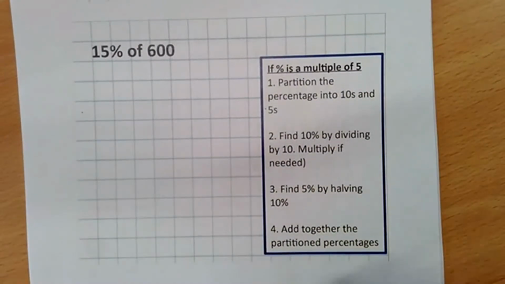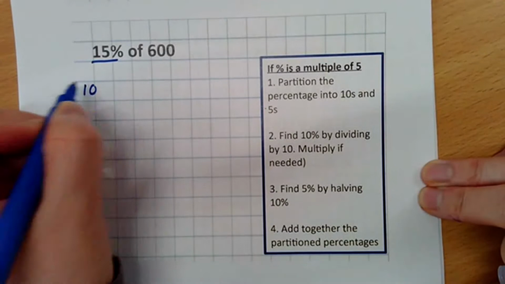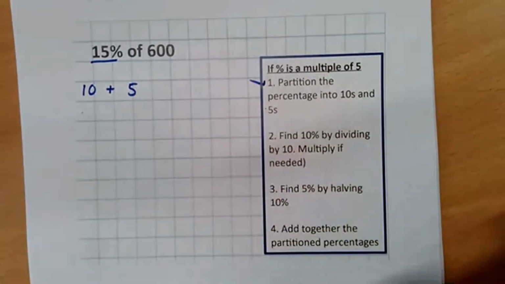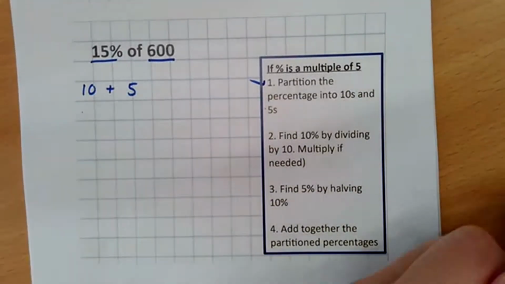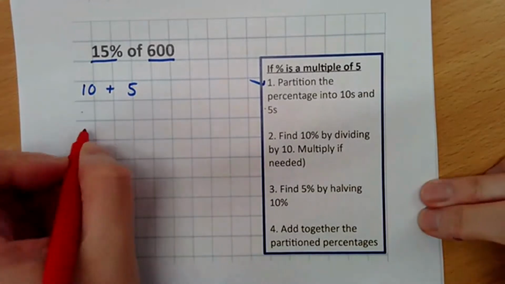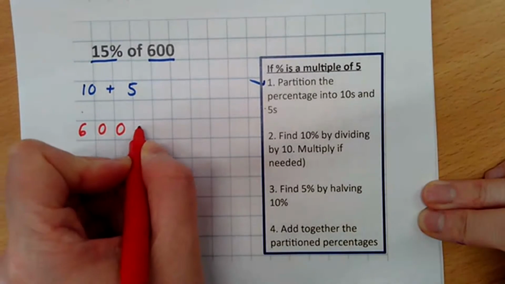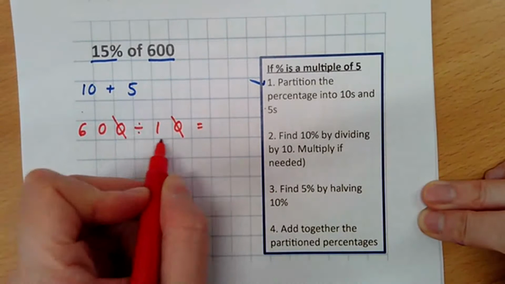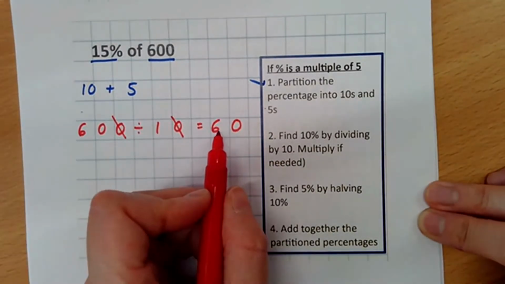First of all, we're going to partition the percentages into tens. So here we have 15, and I know that that's 10 and 5. Okay. Now we're going to find 10% of our number. So I'm going to divide 600 by 10, which equals 60. So this is 10%.